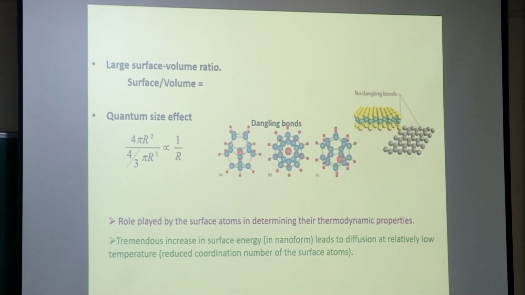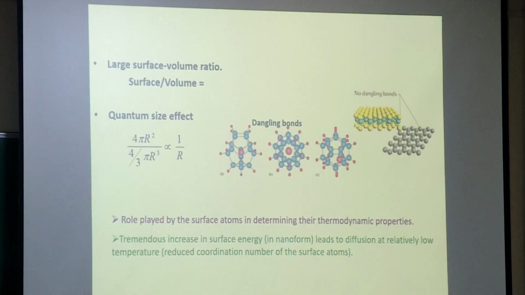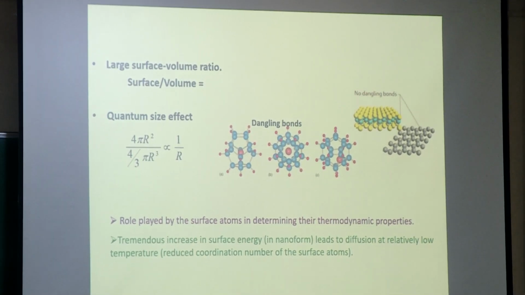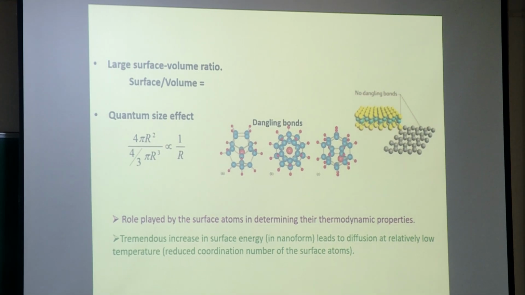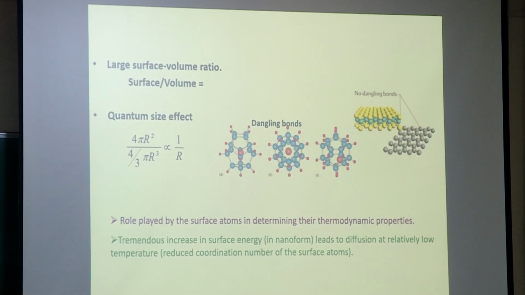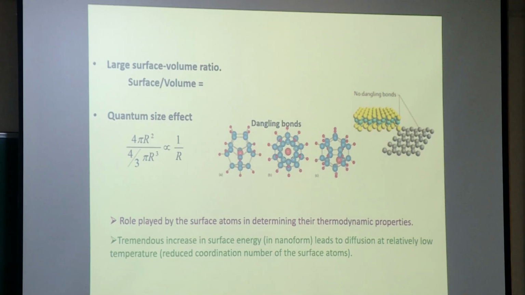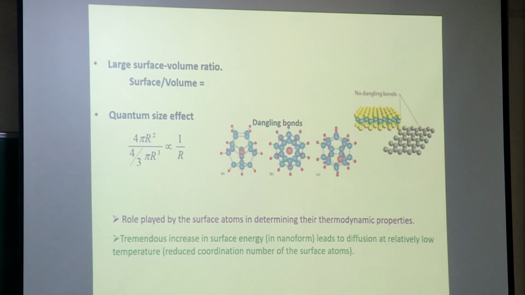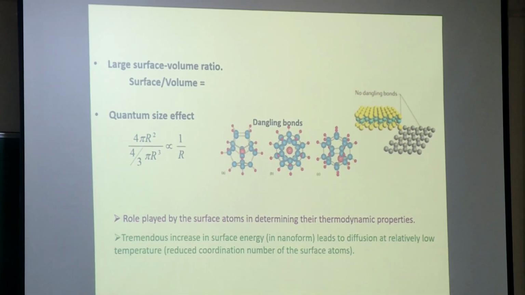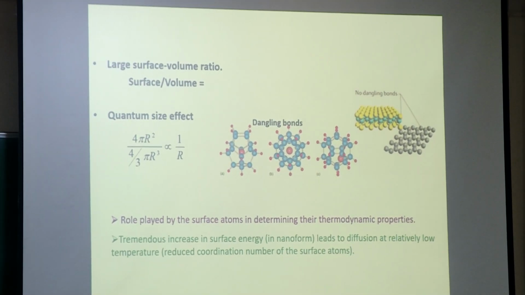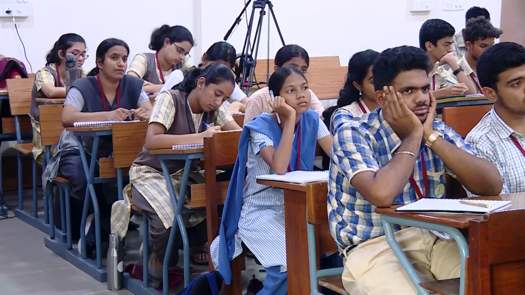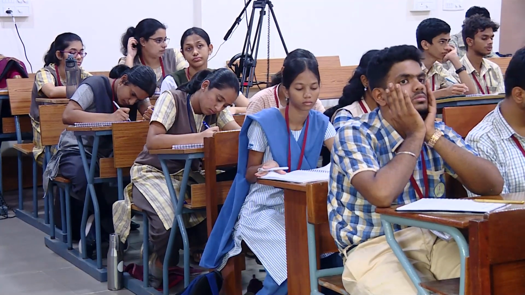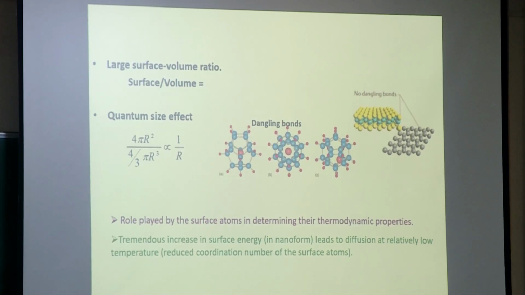But when you keep on decreasing the size, that is for a bulk semiconductor, these closely spaced energy levels now actually become discrete levels, and electrons can only occupy those discrete levels. So when this discreteness happens, we call it the quantum size effect. And this quantum size effect and also the higher reactivity normally happen only between 1 and 100 nanometers.